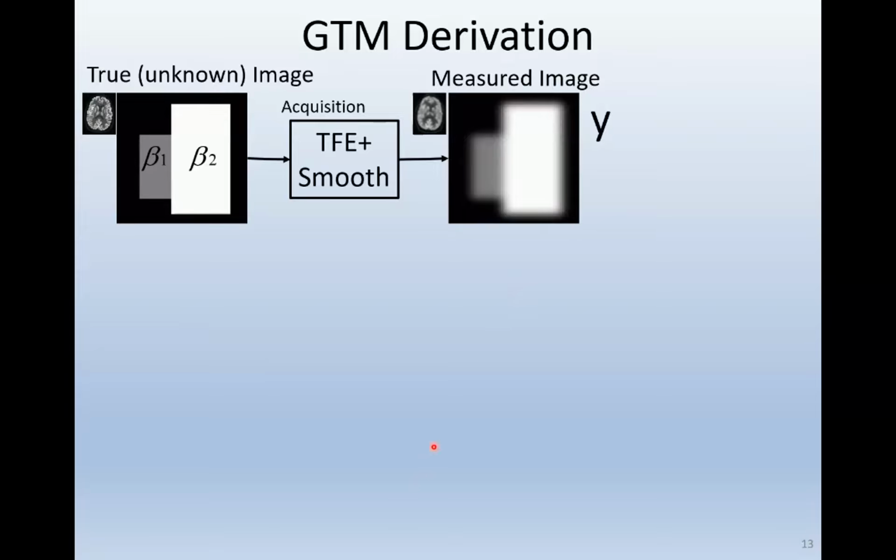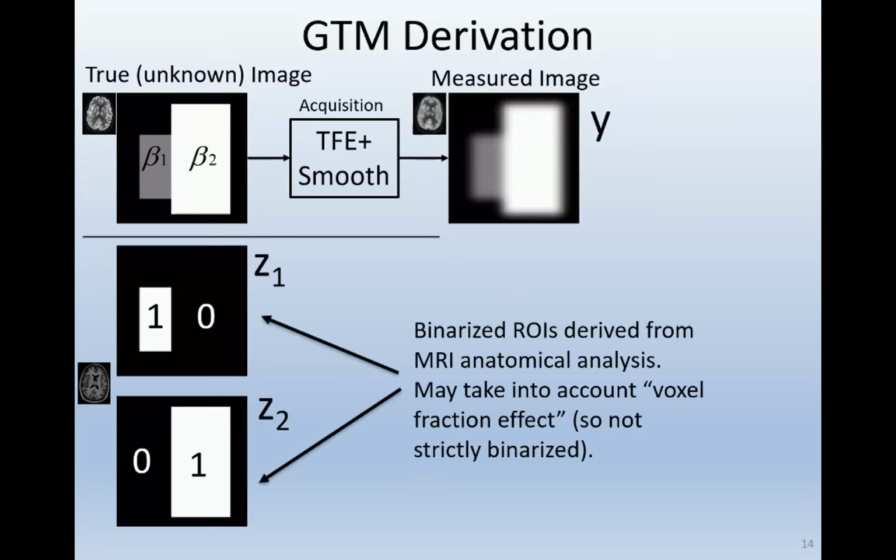So to compensate for this, first thing that we would do is to create two segmentation images. So the first one is a 1 everywhere I have the first ROI, and 0 everywhere else. And the second one is basically just the opposite. So I call these Z1 and Z2.